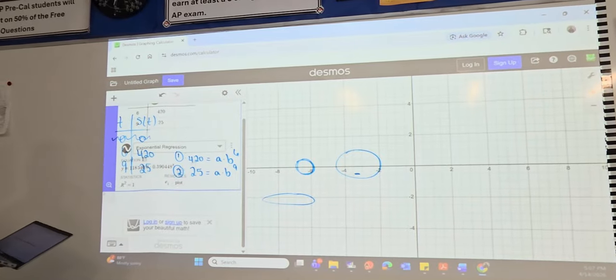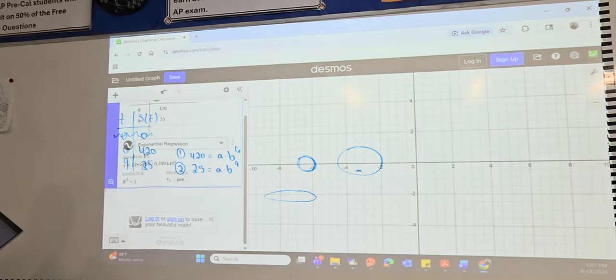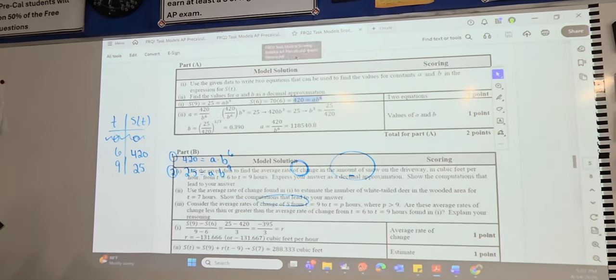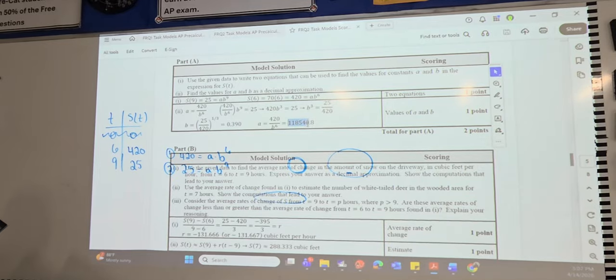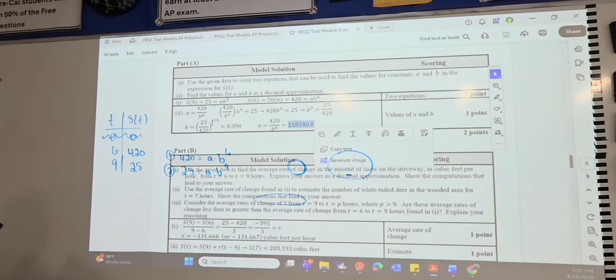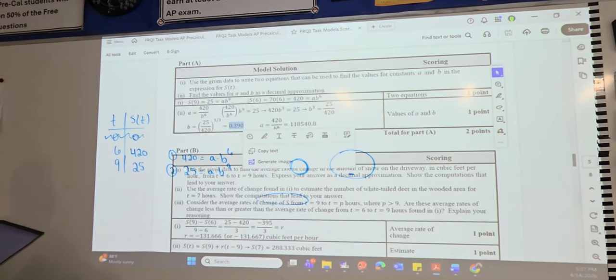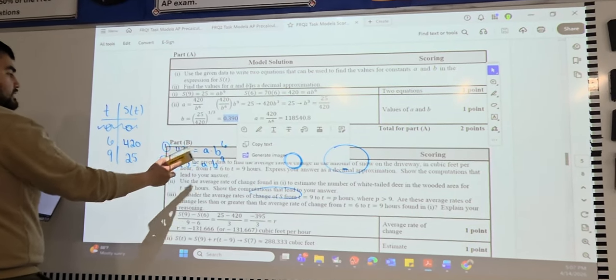So now, if we go back to the problem, let's see where our values for A and B are. A is equal to this number right here, and B is equal to this number right here. Let me erase this, because in theory we already got a point for this setup.